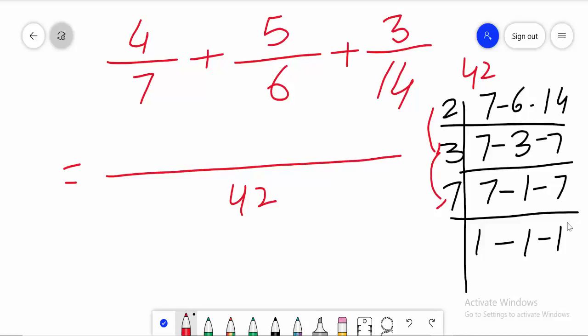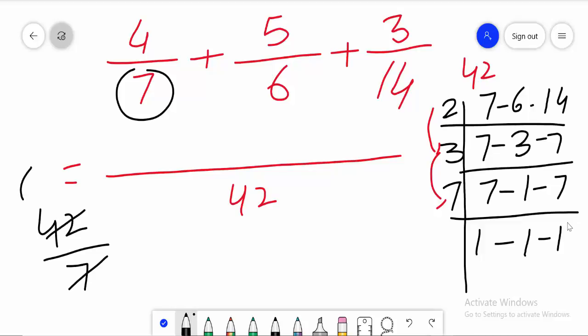Now just understand what I'm doing. 42 is the LCM. First divide by 7: 7 6s are 42, so multiply 6 with this. 4 6s are 24, plus.